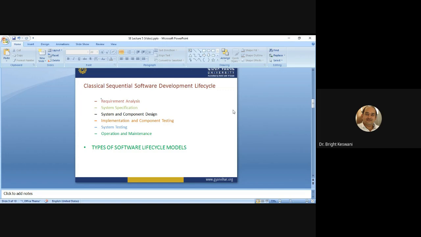When we discuss the activities in each phase, there are also activities that are performed at every stage of the software development, and these activities are documentation, verification, and management. So these three other activities, documentation, verification, and management activities, are also important.